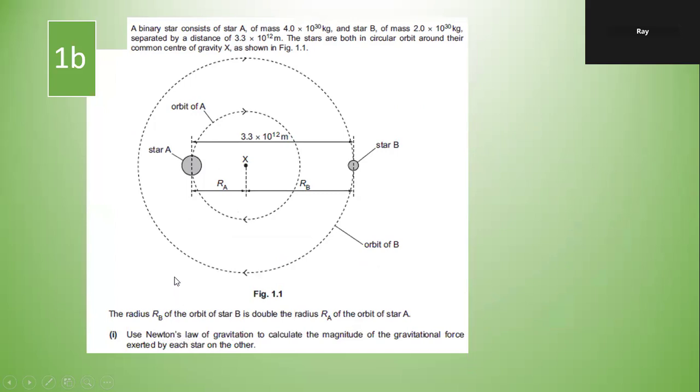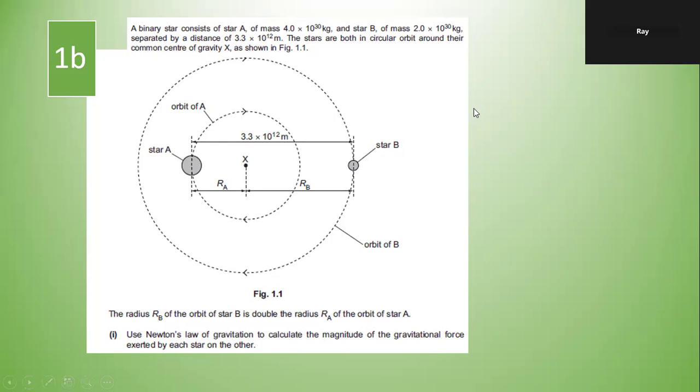The radius RB of the orbit of star B is double RA, the orbit of star A. So RB is double that of RA. Use Newton's law of gravitation to calculate the magnitude of the gravitational force exerted by each star on the other.